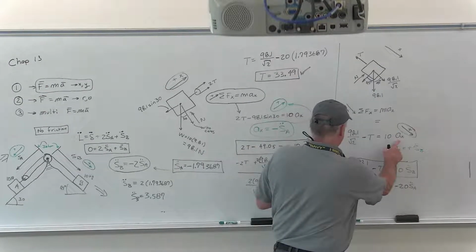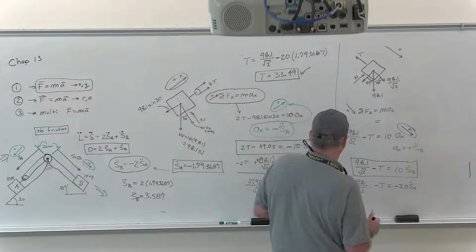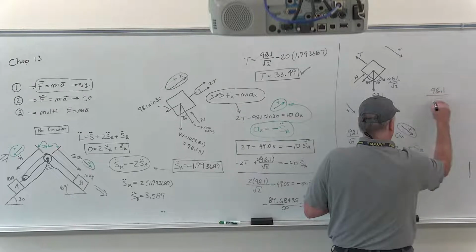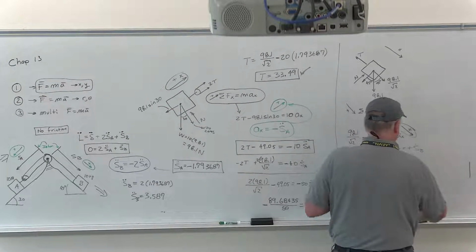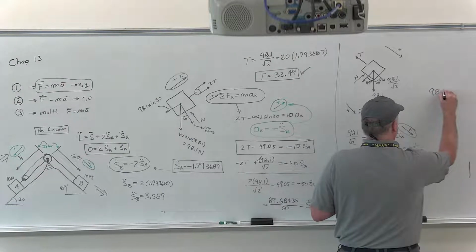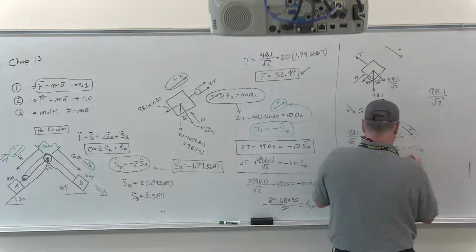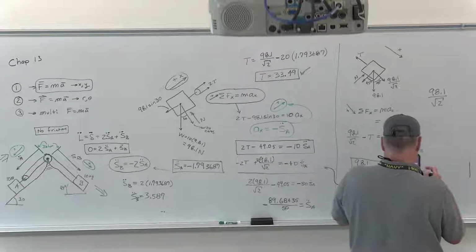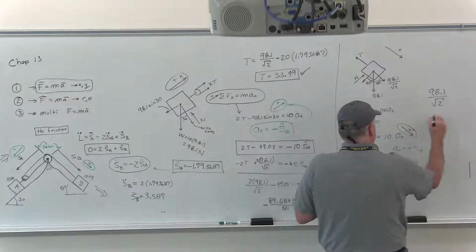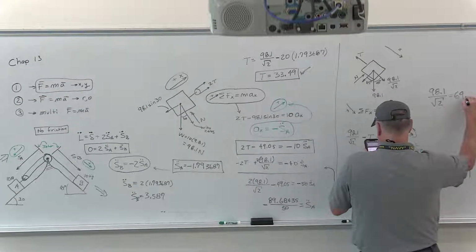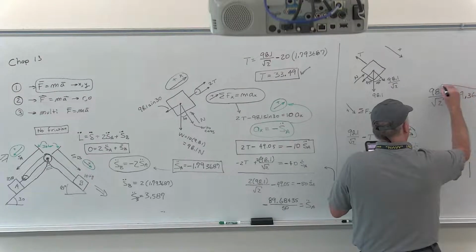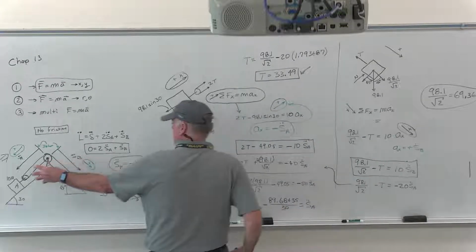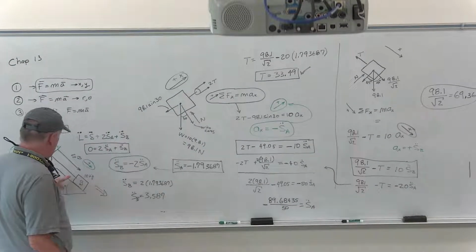So if you had no acceleration, 98.1 divided by square root of 2, what is that number? That number becomes 69.36.